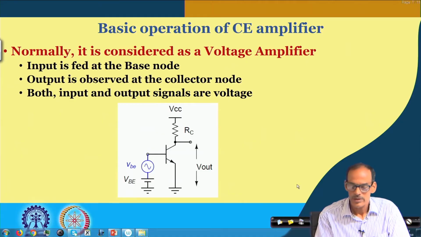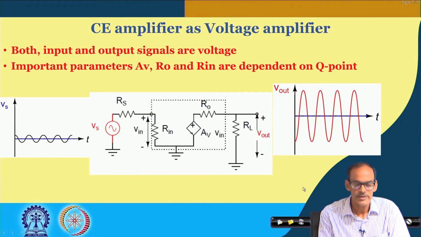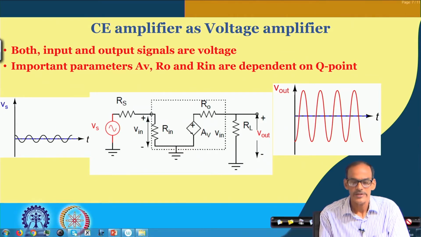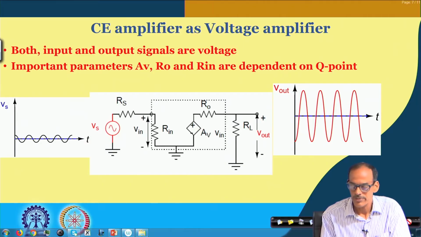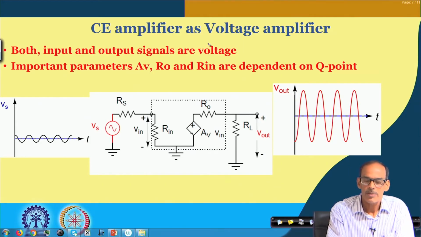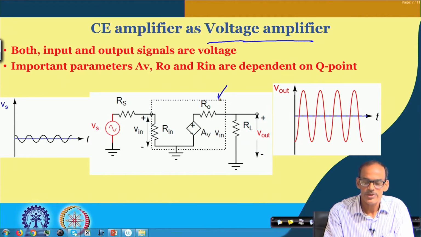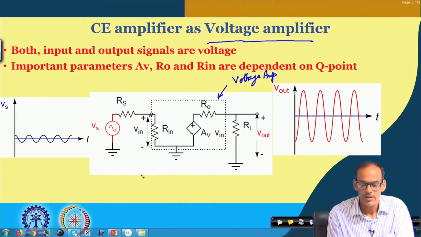In the next slide we will be discussing that, but here, since you are looking at the circuit as a voltage amplifier, typically this is the small signal model of the voltage amplifier, right. And as we can see, this is the boundary of the amplifier.